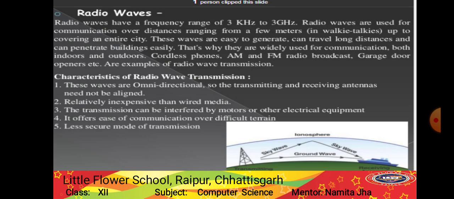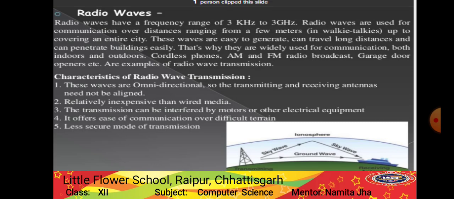These waves are easy to generate, can travel long distances, and can penetrate buildings easily. That's why they are widely used for communication, both indoors and outdoors.